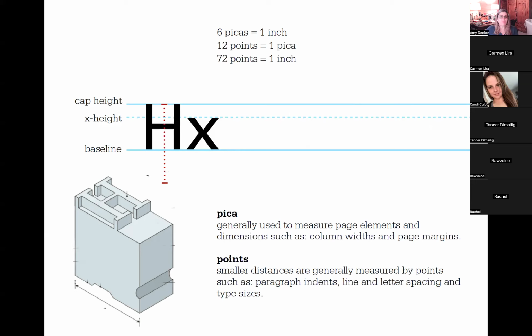So we have here, I gotta move my Zoom thing. We measure in two different ways within typographic design. We measure with picas and points. You're already aware that we work with points because all your software is set up that way.